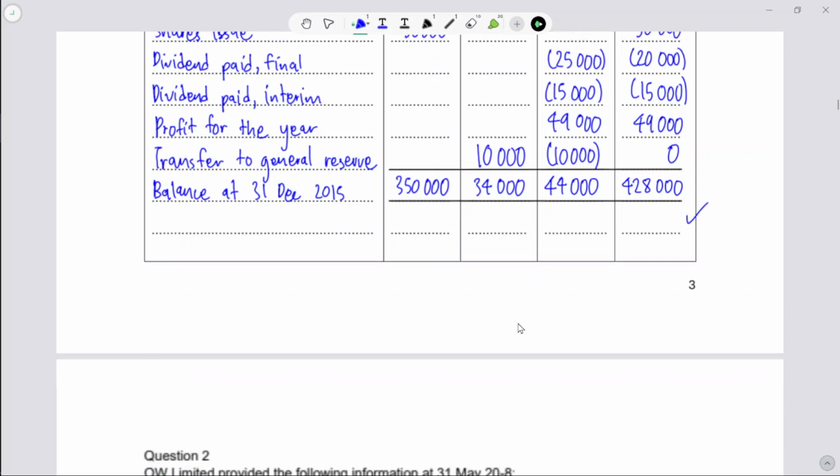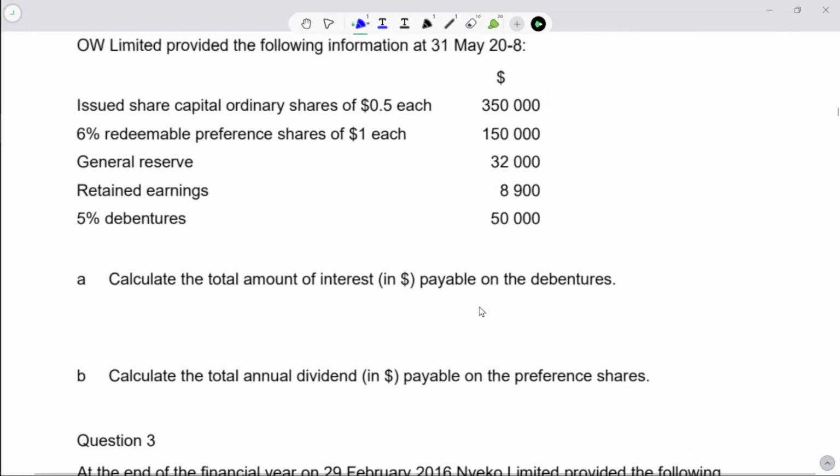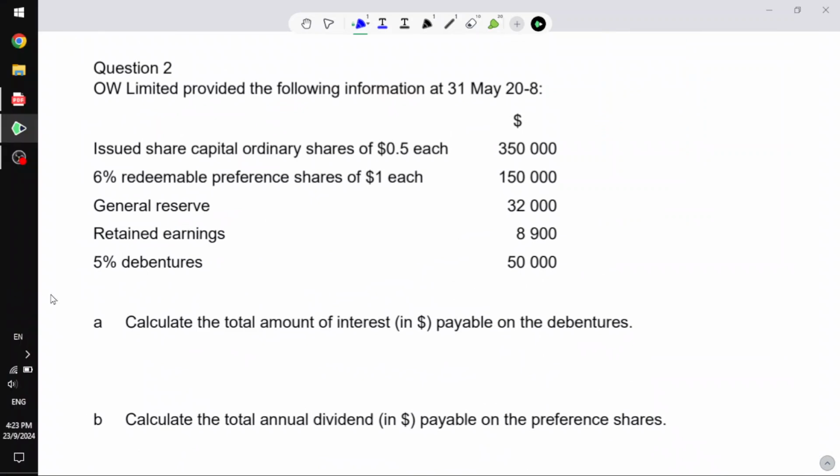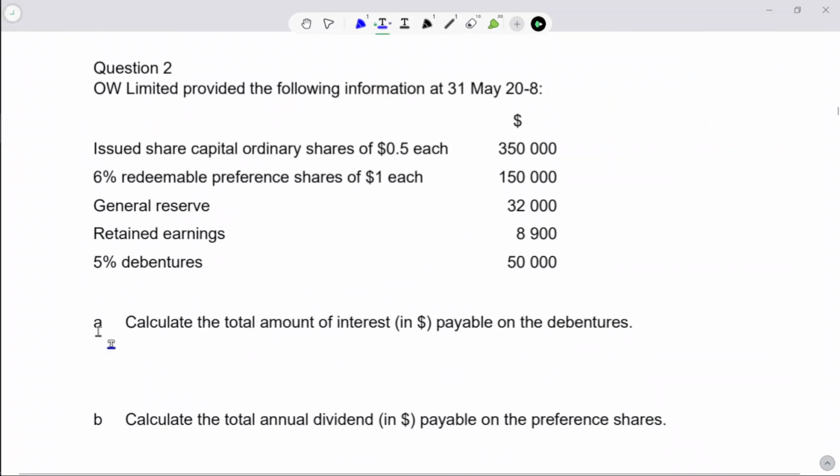Now let's go to the next question. Question A wants us to find the interest on the debenture. The 50K for debenture is the loan amount.